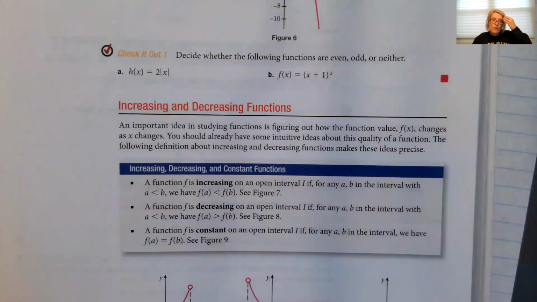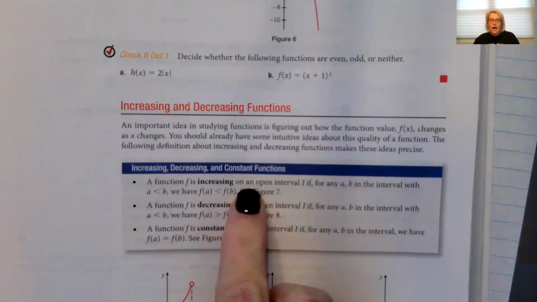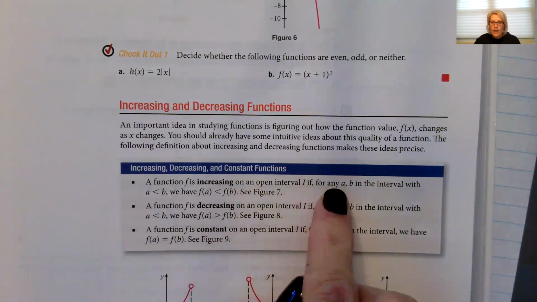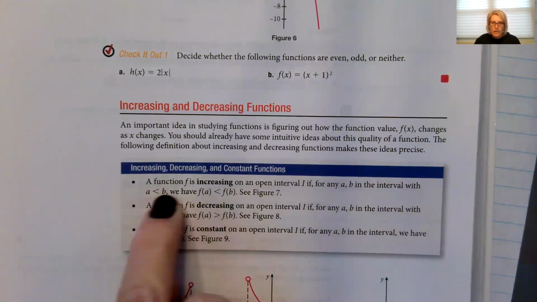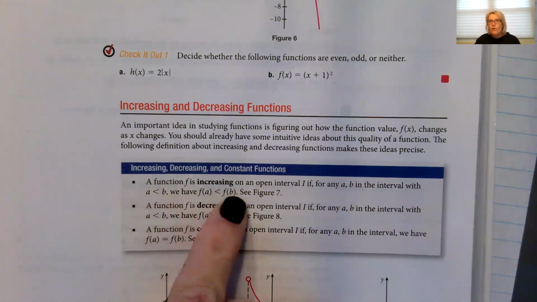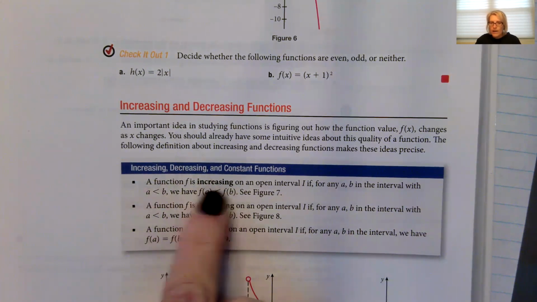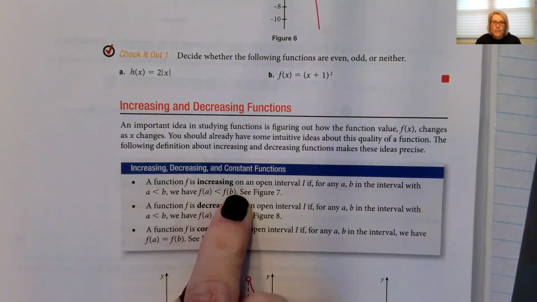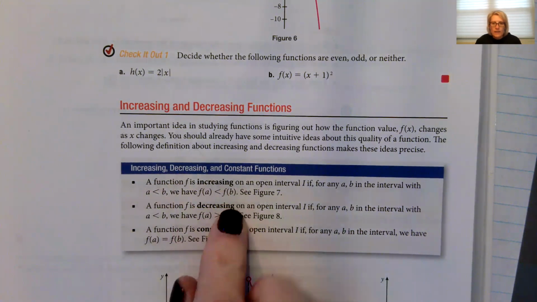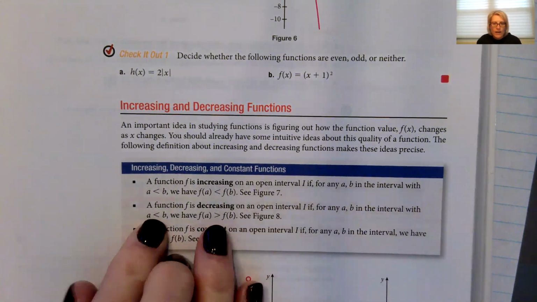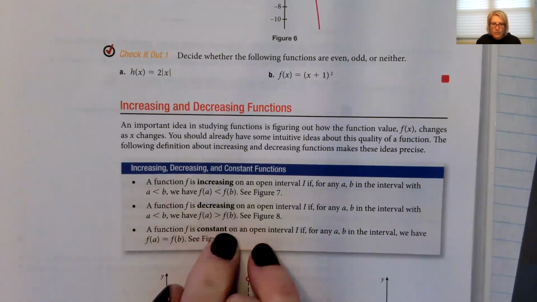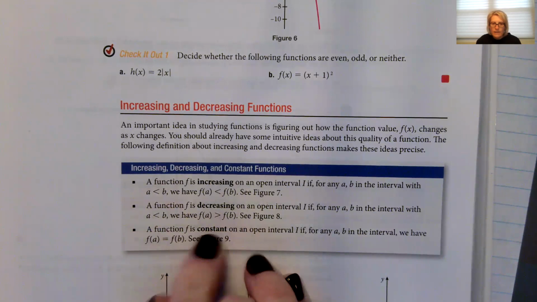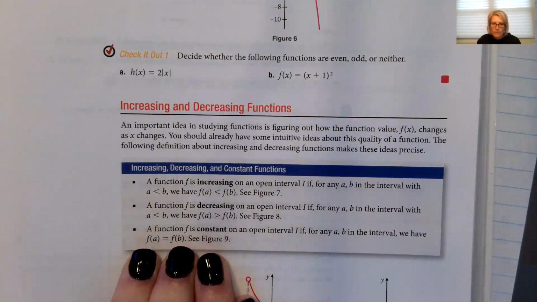And it says a function is increasing on an open interval I if for any a and b where a is less than b, then the function of a also has to be less than the function of b, or the output of a has to be less than the output of b. It's decreasing if a is less than b and your function of a is greater than the function of b. And then it's constant if their outputs are equal.